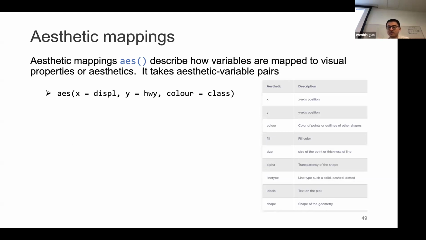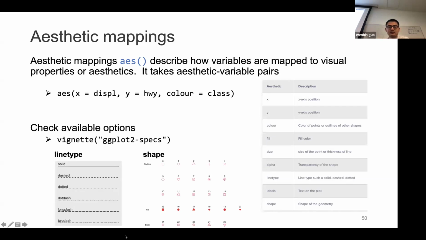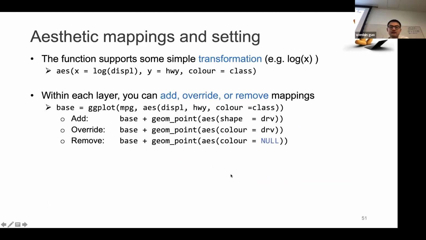And for the shape of the geometry, you can specify whether it's a triangle or square or any other polygon type. You can check the available options using this line of code, the ggplot2 specs vignette, and for line type, here are the available options you can choose. For shape, there are different numbers, and each number denotes a symbol, a geometry shape you can use.